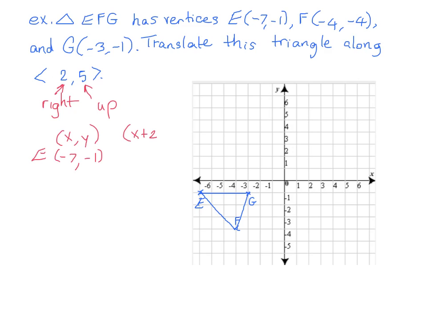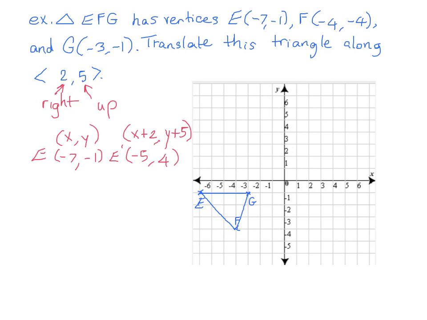And we're going to have y plus 5, and that's coming from our y vector coordinate right here. So we're adding the 2, we're adding the 5. And that's what's going to give us our E prime. So E prime is going to be -7 plus 2, which is -5, and -1 plus 5, which is 4.